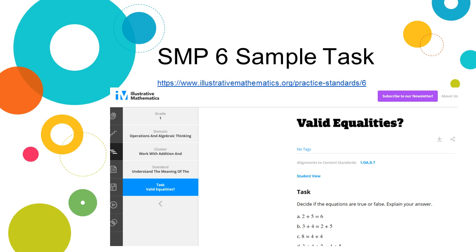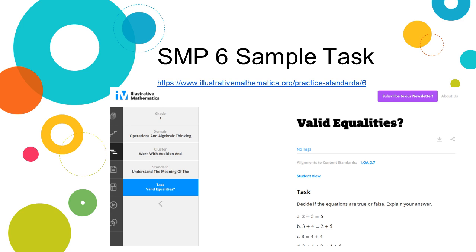This task helps students attend to precision, which is practice number 6. Many of these problems naturally lead to discussions of topics such as place value and properties of addition.